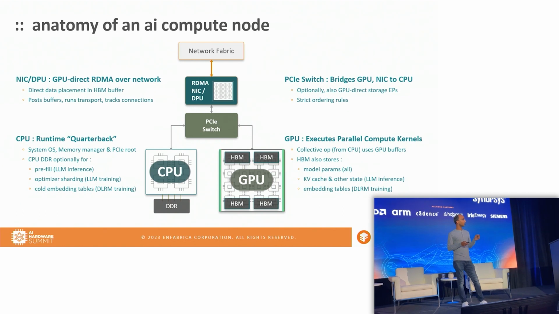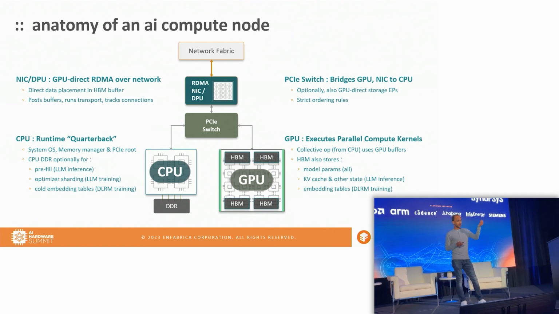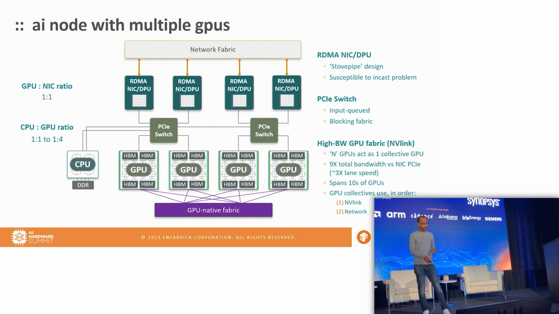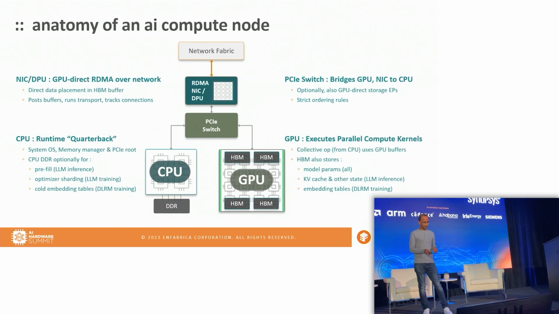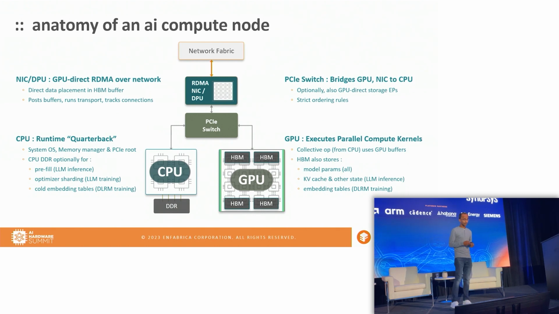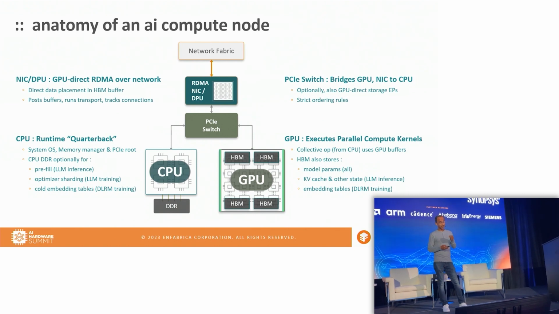It also posts the buffers where data received from the network needs to land. The PCIe switch is what bridges all these devices together. Sitting in the middle, it interconnects all of the processors and NICs.